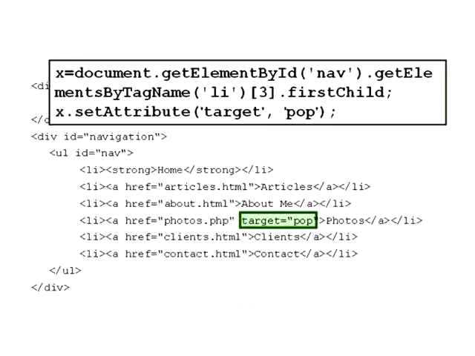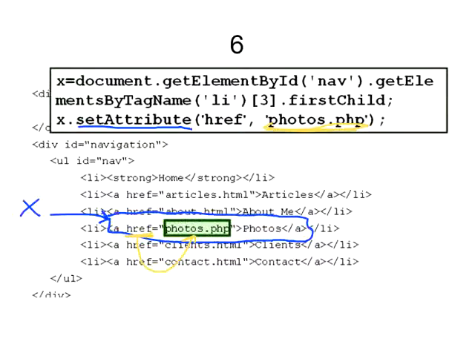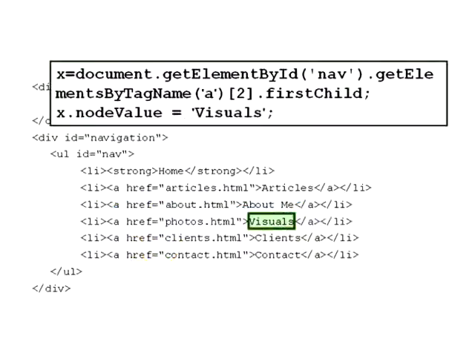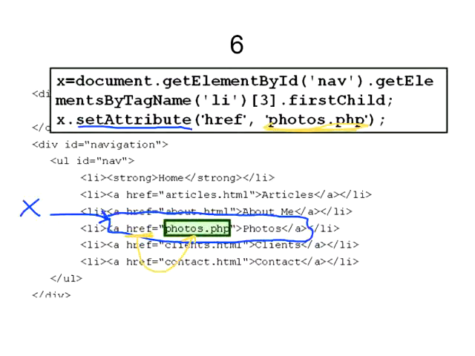We can also modify the attribute here. If the attribute exists, like href, which in our example is photo.html, it exists. So if the attribute exists, the new value overrides the old one: photo.php overrides photo.html.